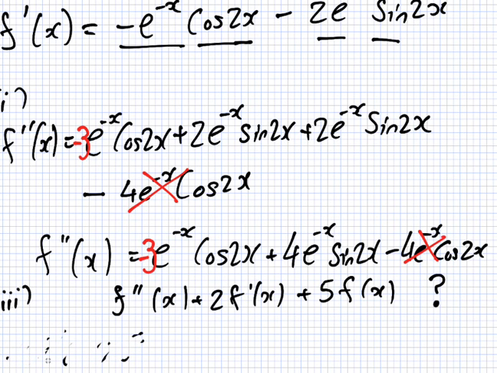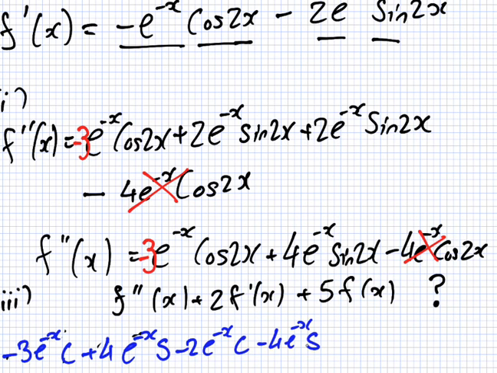Okay. From the top. Minus 3e^(-x) cos 2x plus 4e^(-x) sin 2x. Plus twice this answer: minus 2e^(-x) cos 2x minus 4e^(-x) sin 2x.